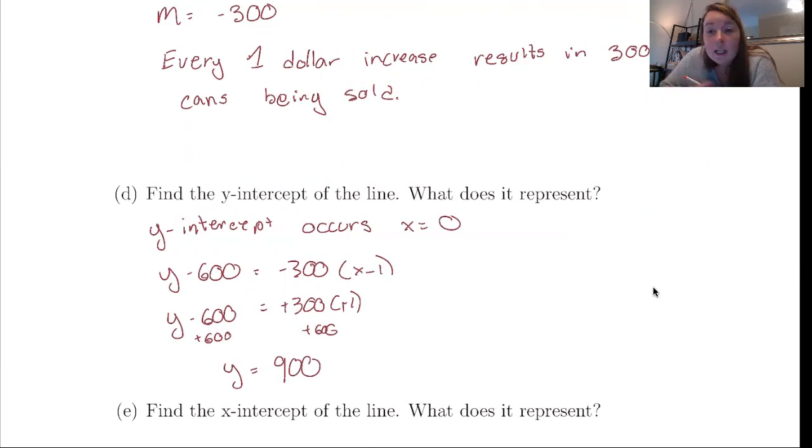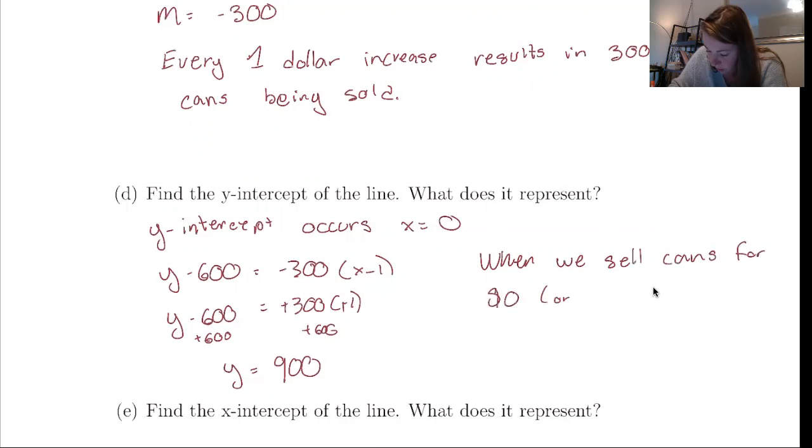So remember, x here is our price. So when we're talking about what this represents, we say when we sell cans for $0, or free money, we will sell 900 cans.